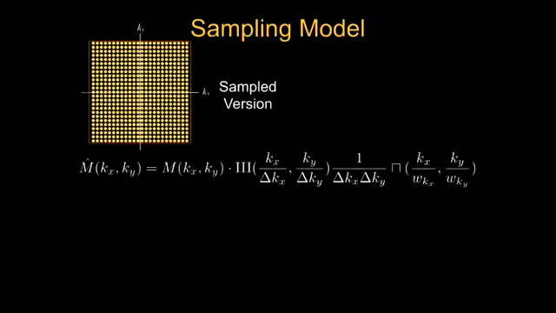Okay, so we have a huge equation, but the way it works is that it represents the sampling. Here M(kx, ky) is just a continuous signal. Then you apply the comb function, which is the series of delta functions on kx and ky, determined by the distance in kx and the distance in ky.